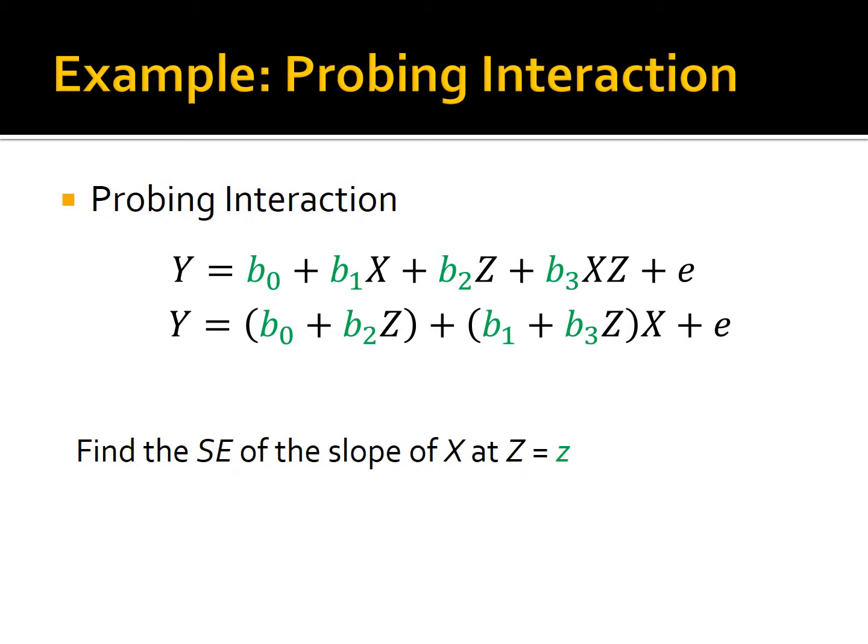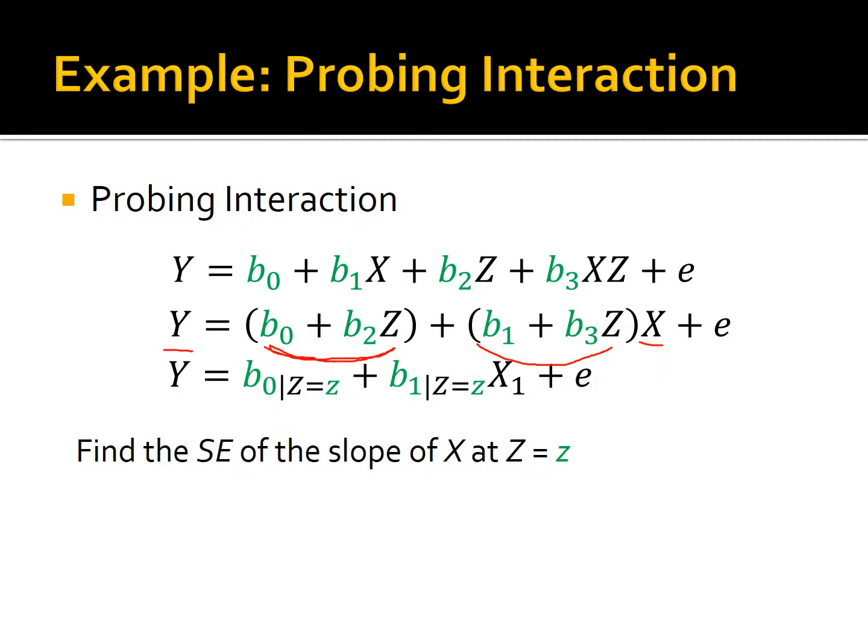So if we would like to focus on the effect of x on y, we can combine this equation like this. So this is the intercept, and beta 1 plus beta 3 times c is the slope of x to y given the c value.